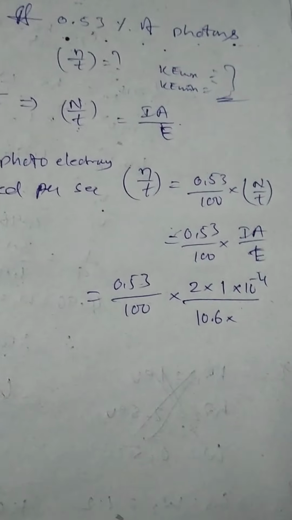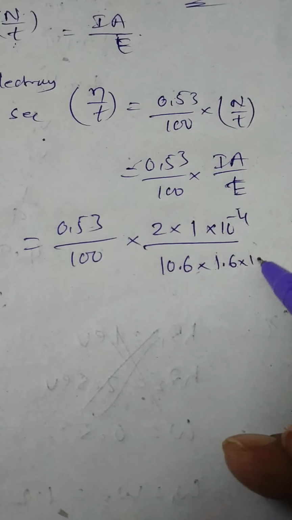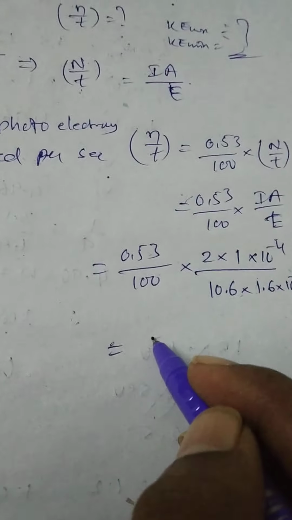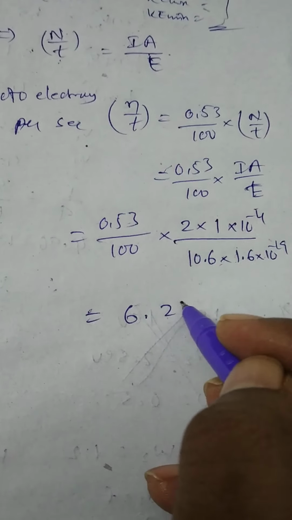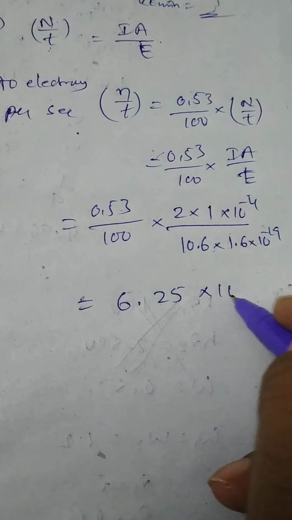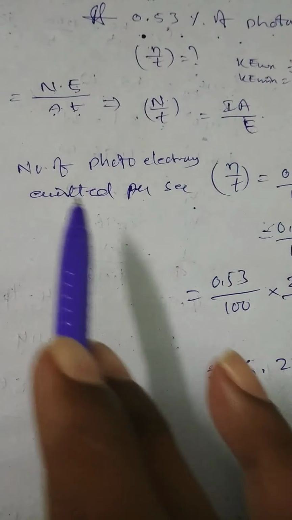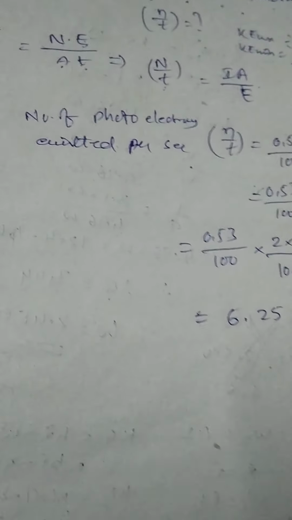Compulsorily, electron volts will be converted into joules. 1 electron volt is equal to 1.6 into 10 power minus 19 joules. So on solving, finally we got the value 6.25 into 10 to the power 11. These are the number of photoelectrons emitted per second.